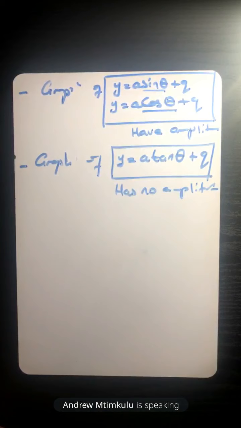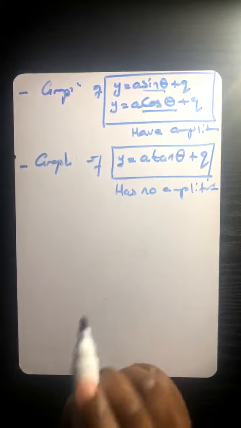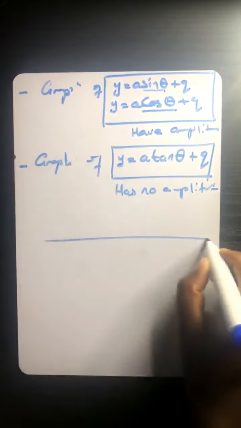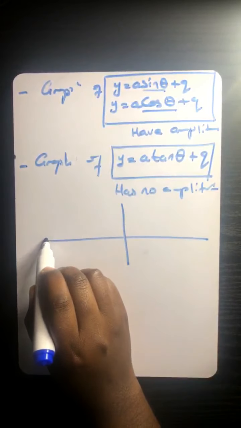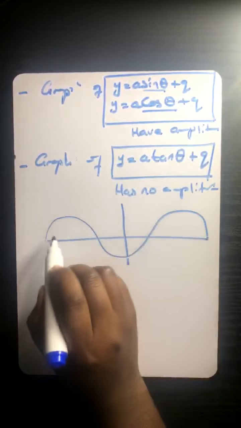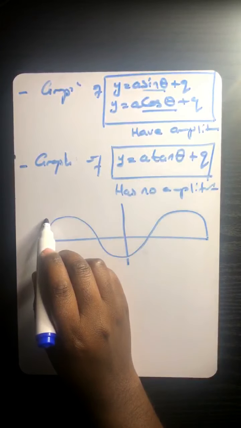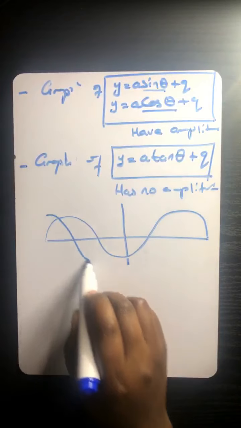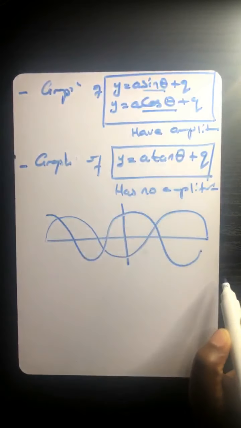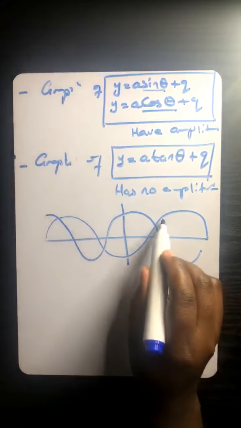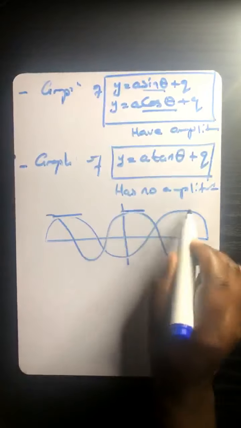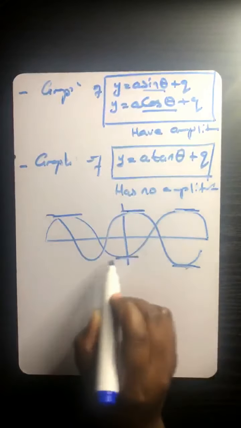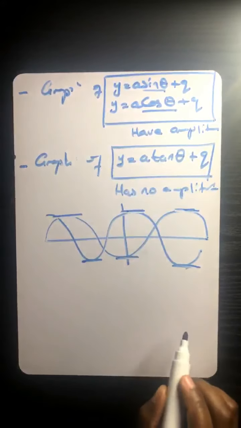Sir. Yes, sir. Okay, just to explain it, the reason for that is because, remember, for the functions of sine and cos, even though I might not be accurate in sketching that, let's say we have something similar to that. So can you see, for these functions, they do have maximum and minimum values. That is why we are able to calculate the amplitude.